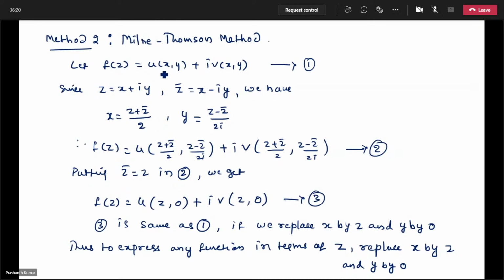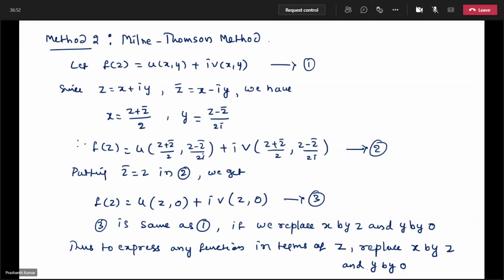But here, without knowing v, u is given, then automatically, whatever it may be, the function f of z you are finding very simply, just replacing x by z and y by 0. You are getting the solution. So we'll do some problems on this one, then we will understand this concept very simply.